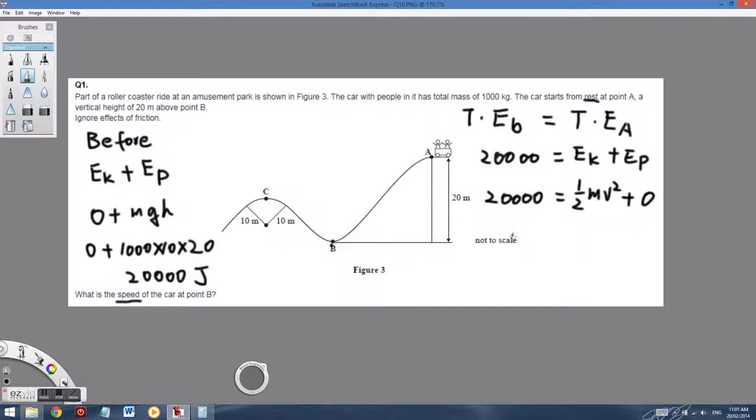Then we have an equation. Solve it. Mass is 1,000, so use a calculator. The square root of 40 is something, in meters per second.